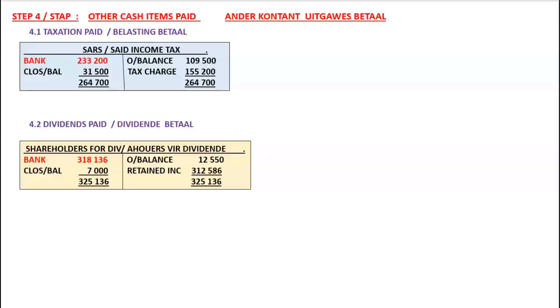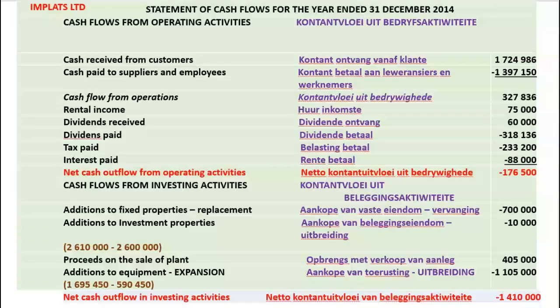So here in our accounts, shareholders for dividends, opening balance 12,550, closing balance 7,000, retained earnings with a dividend declared of 312,586, and that then gives us a balancing figure for our bank, 318,136. Dividends paid, 318,136. Remember cash outflow, therefore the minus sign.